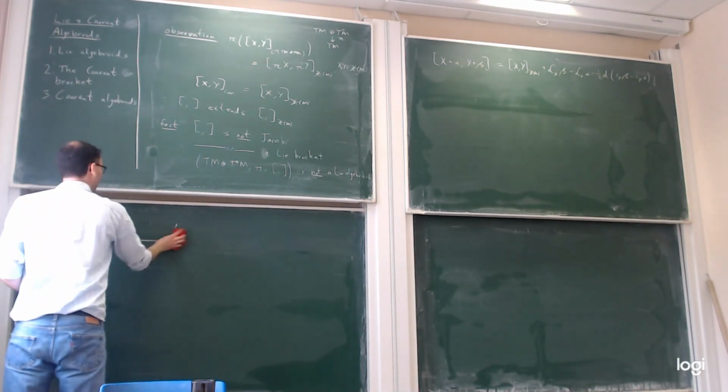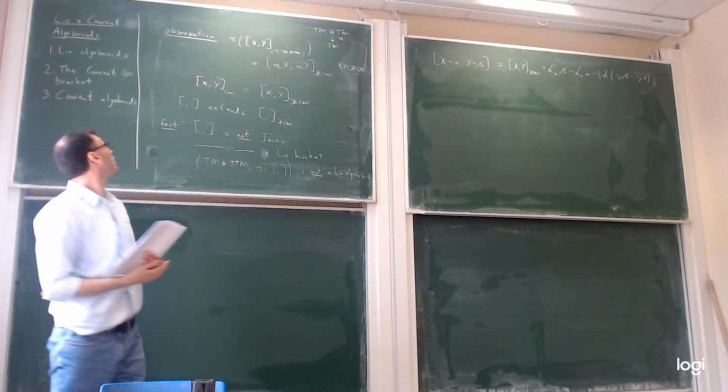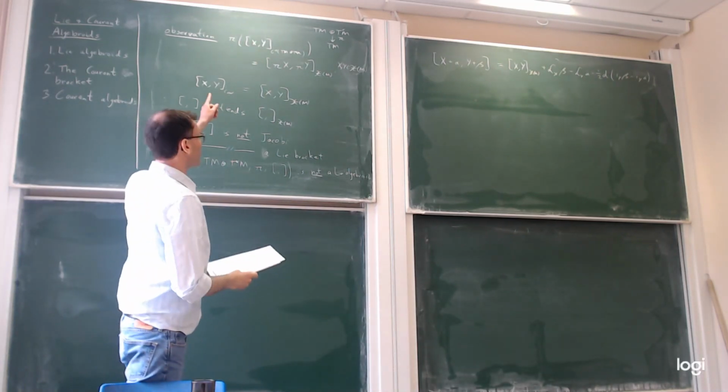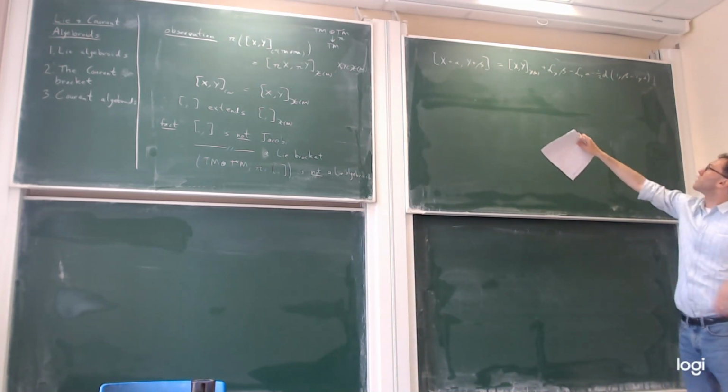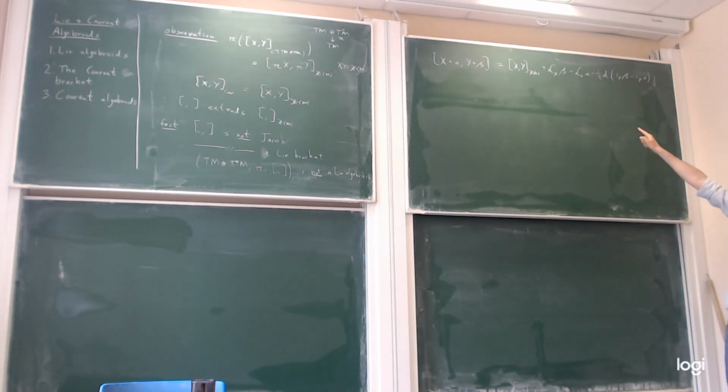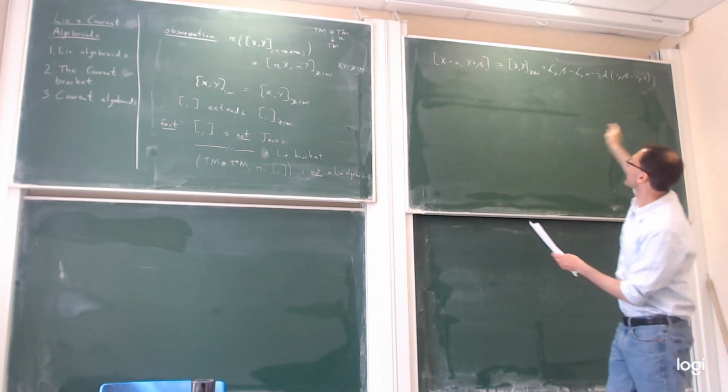Why is the first true? Well, if alpha and beta are 0, then the Lie derivative of 0 with respect to any vector field is 0, so all other terms vanish.